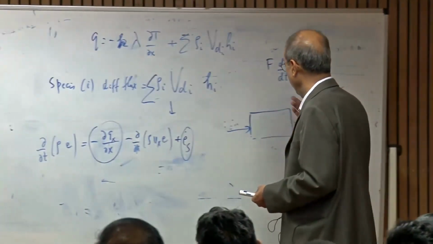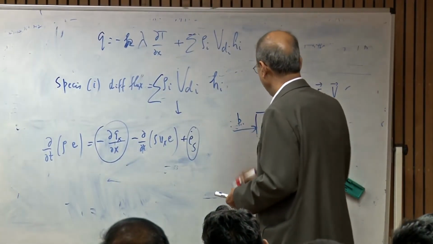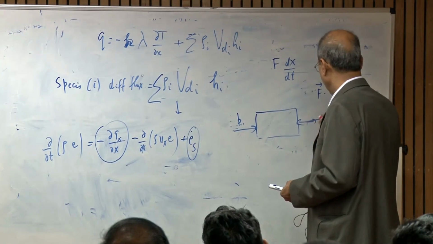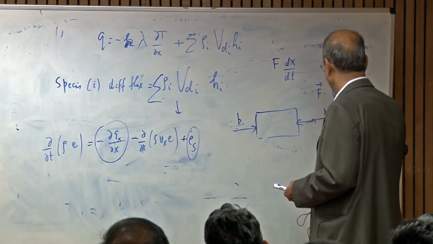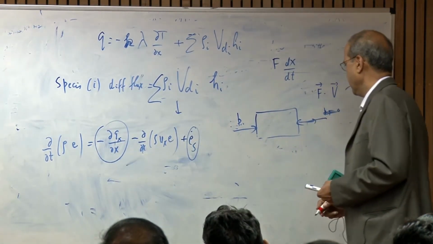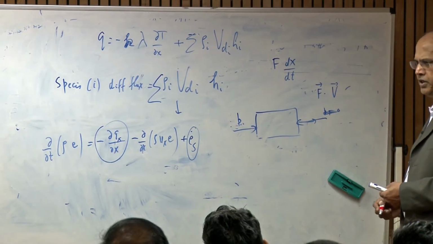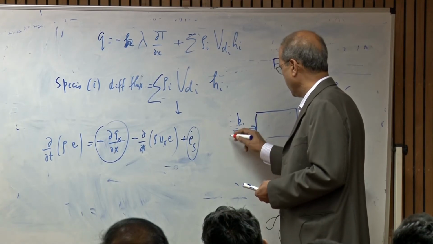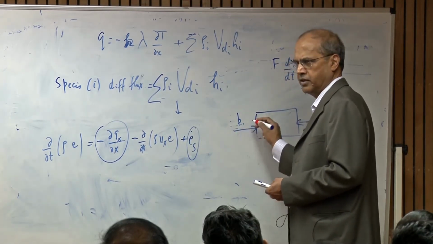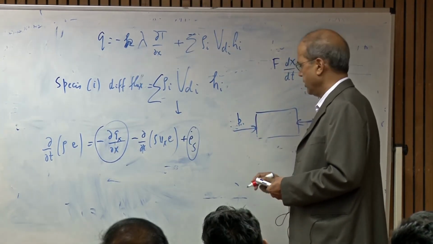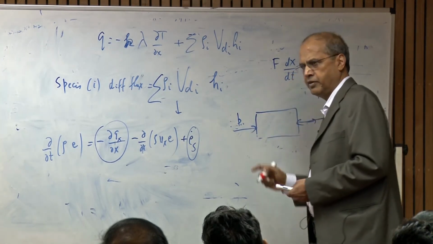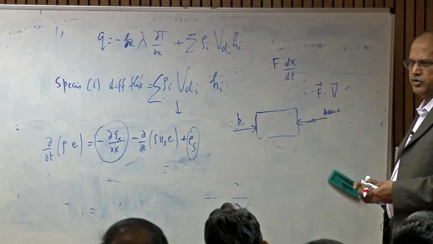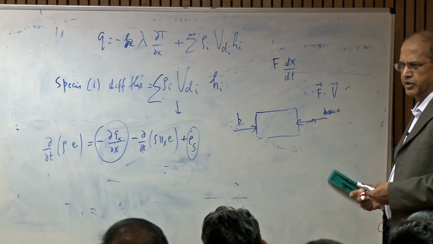This is the basic physics we are using to write the rate of work. So here you have pressure P, and here you have P plus, actually I will write this in a minute. The velocity here is, let's say, three-dimensional. But when you take the scalar product, only the x component of the velocity is important, right?